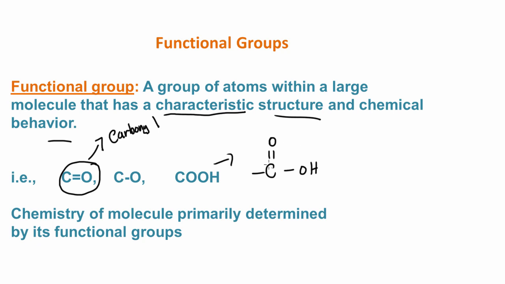We'll talk about these a little bit later. But just know that the chemistry of a molecule is going to be primarily determined by the functional group. So a given functional group tends to undergo the same reactions in every molecule that it's a part of.